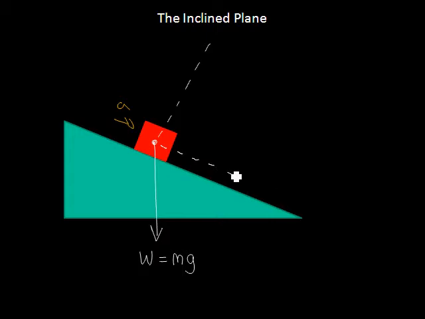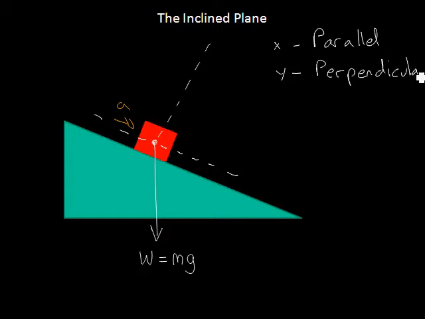We can have our x-coordinate parallel to the ramp and our y-coordinate perpendicular to the ramp. Okay, so x parallel, y perpendicular to the ramp.